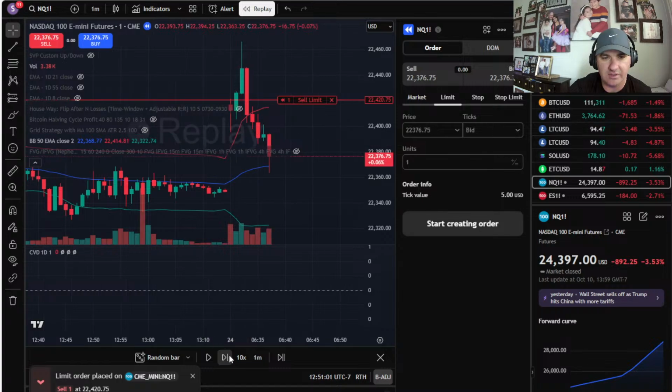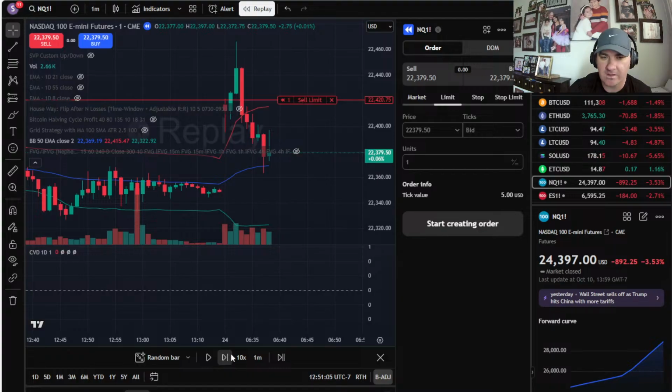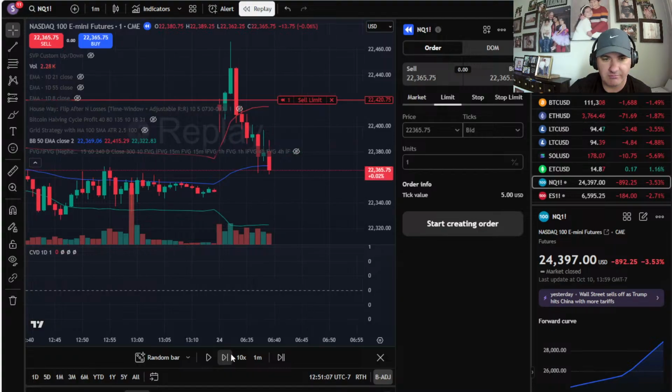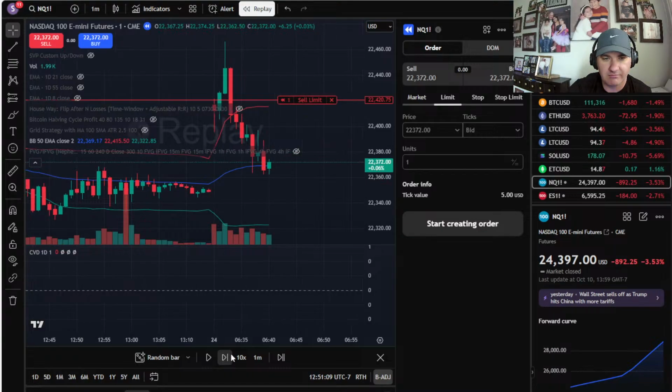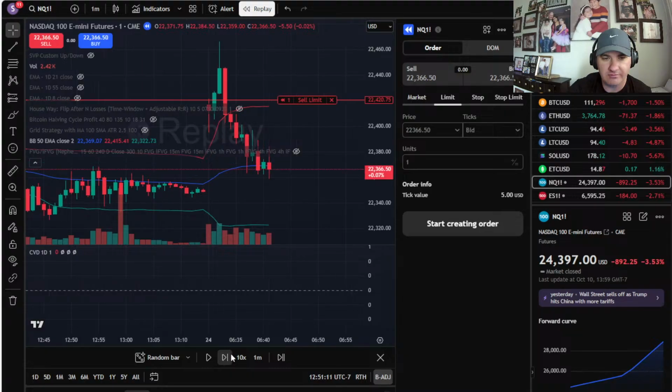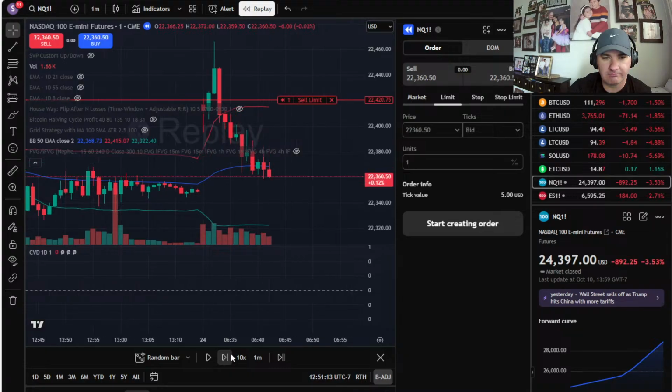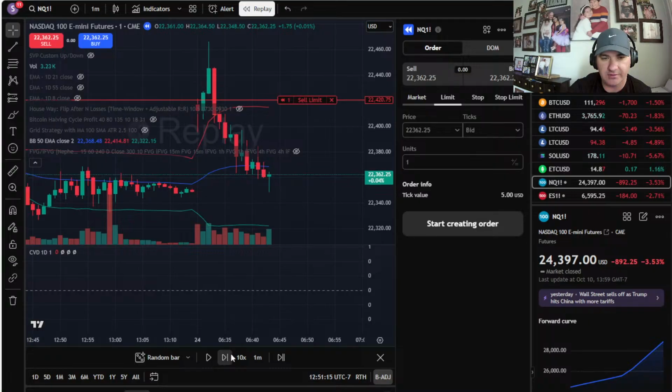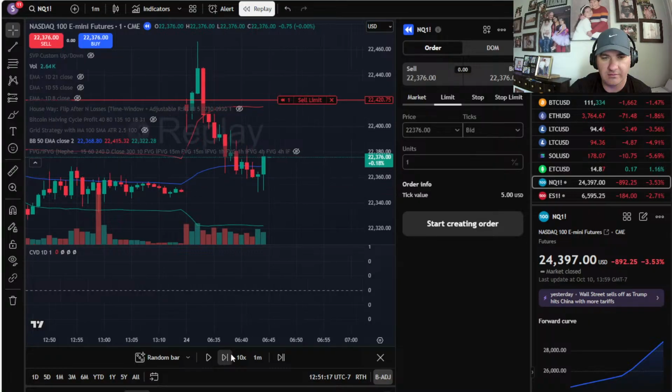Candles are all overlapping, but we got another drop. Overlaps. Candles are all overlapping. This is not a bullish signal for me.